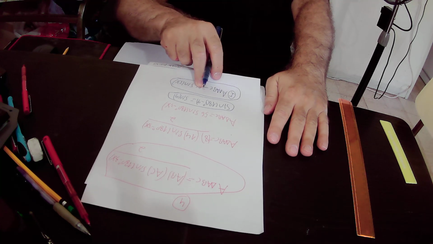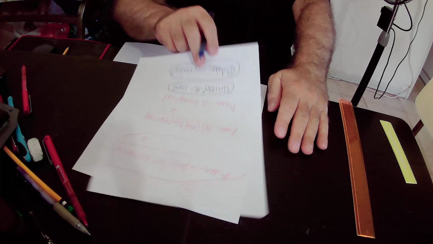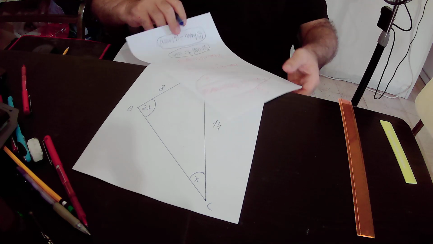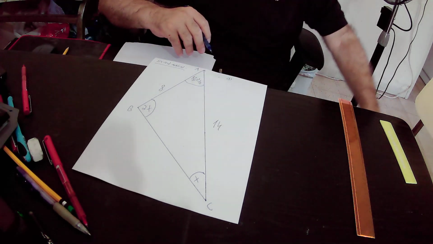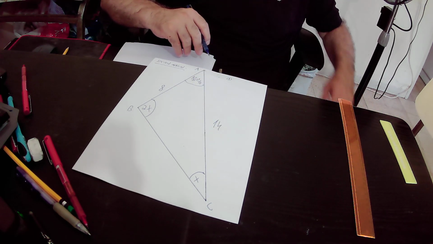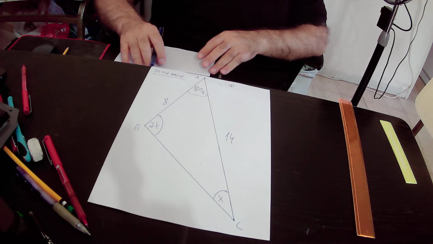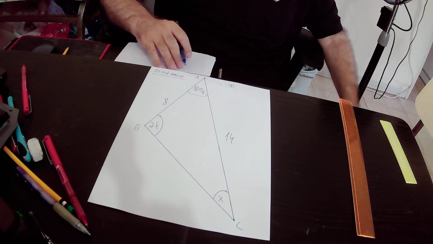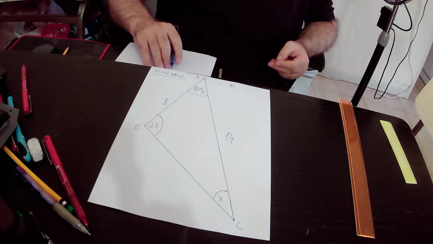In the next step, I will present to you a new rule, rule number 5, and we will implement rule number 5 in our triangle ABC.